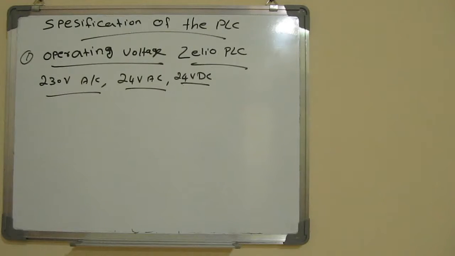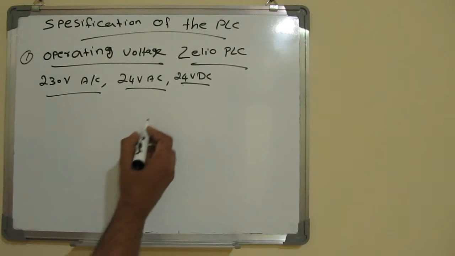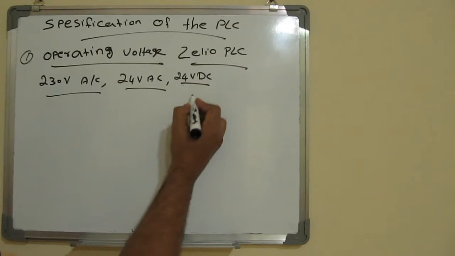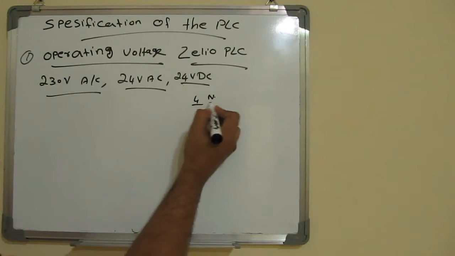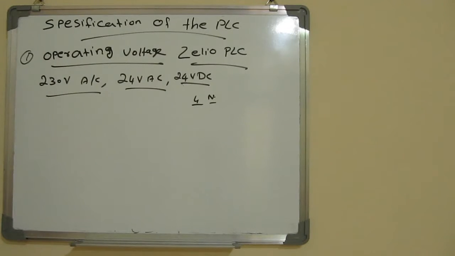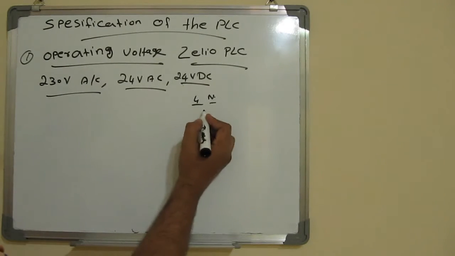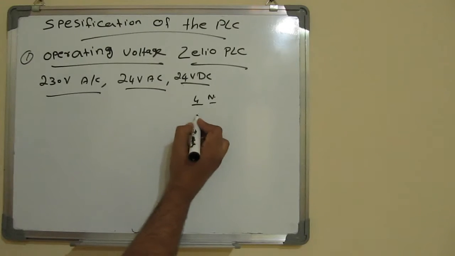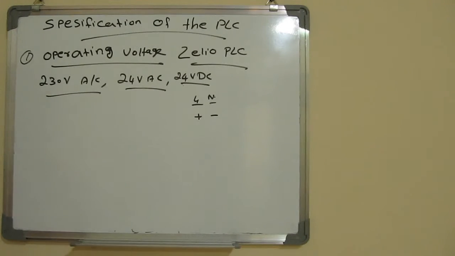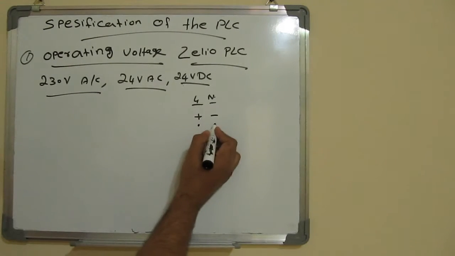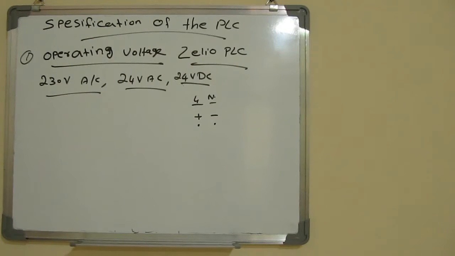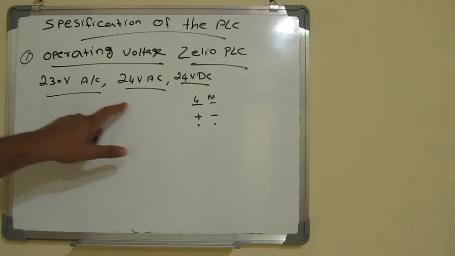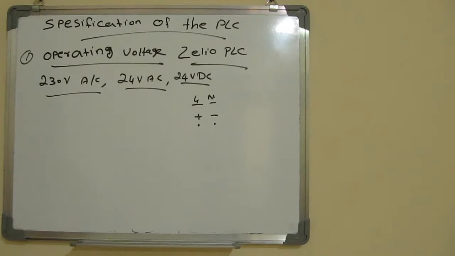This is the operating voltage which we have to give to the input L1 and N of the PLC so that it will work. For the 24 volt DC PLC, a plus and minus symbol will be there, two points, and there we have to give this voltage. Depending upon this operating voltage, the part number will change. The selection of the part number and voltage we will explain in the software section.